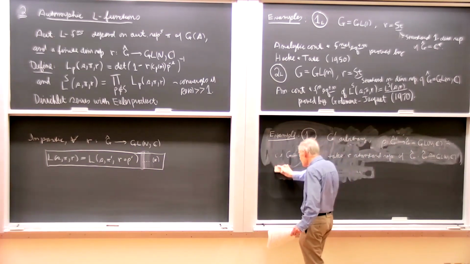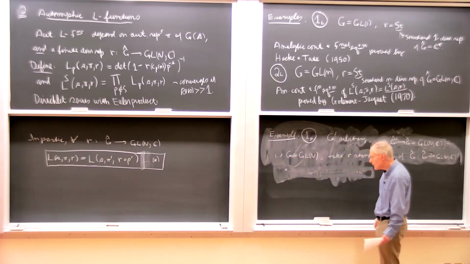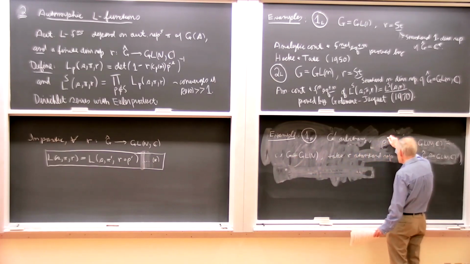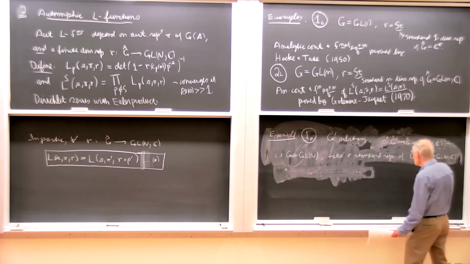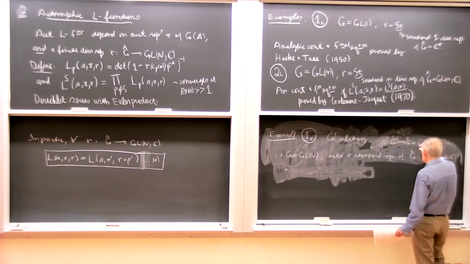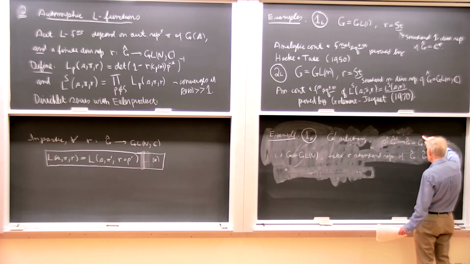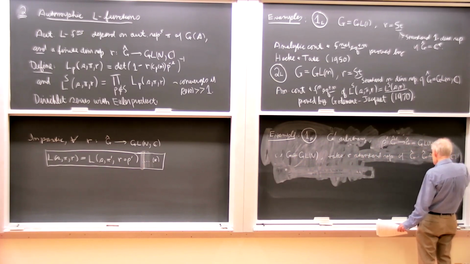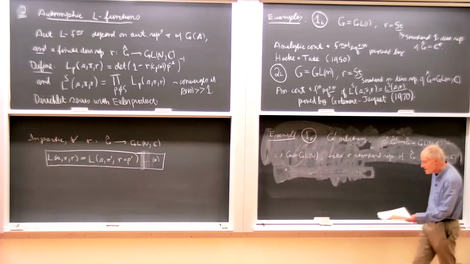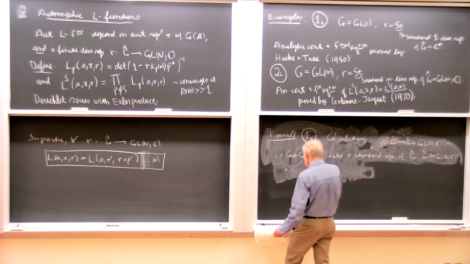To be consistent with your notation from before, you want rho prime. Yes, rho prime, thanks. I want rho prime going from G prime to G hat, to GLN. And then I want R from G hat to itself. In other words, R to be the standard representation.